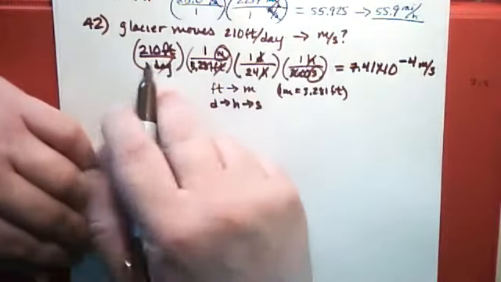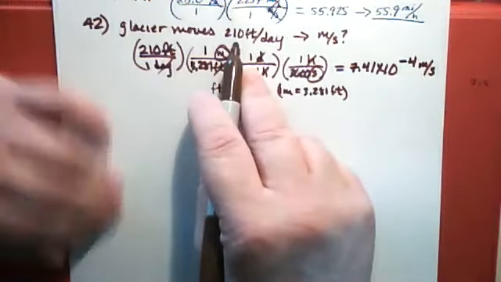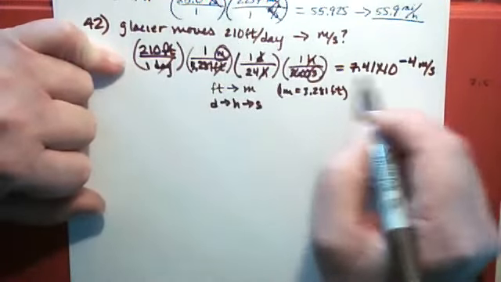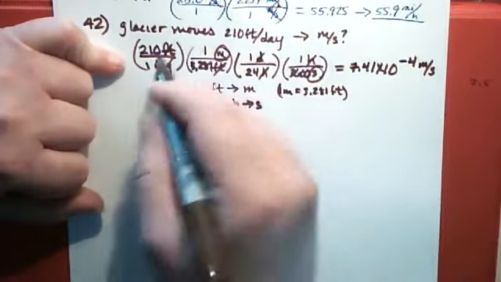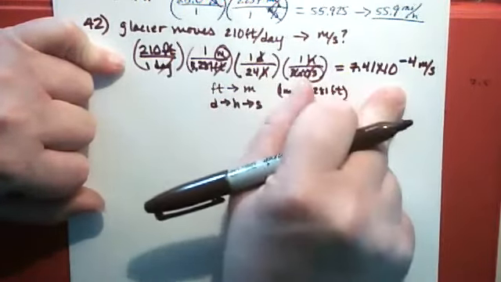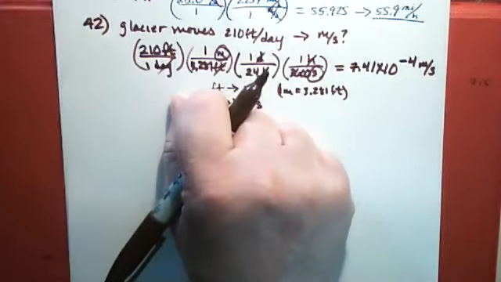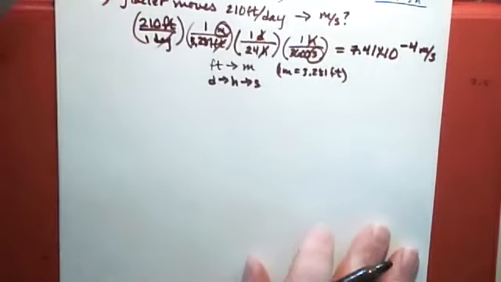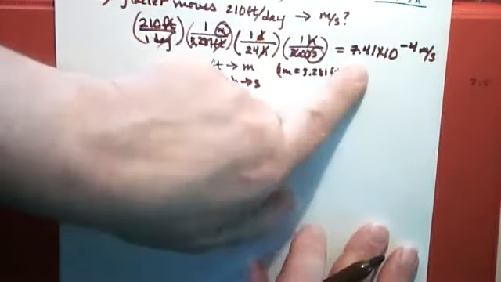Okay, and let's see. 210 is technically only 2 significant figures, so I guess this should technically be 7.4. Okay, so there we go. And it's a pretty slow speed. I mean, even though 210 feet per day is pretty fast for a glacier, it's still pretty slow overall.